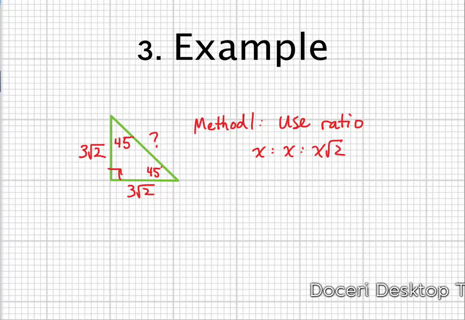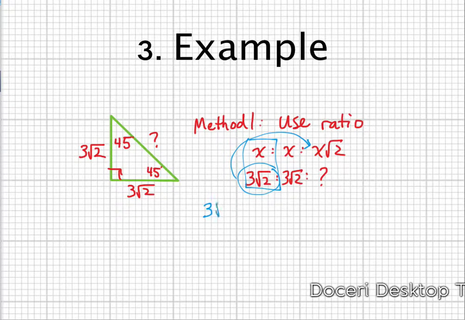Since my x's are 3 square root of 2, all I have to do is match that up. So that means x is 3 square root of 2. So I'm going to take 3 square root of 2 and substitute it in here. Basically, I'm multiplying it by square root of 2.